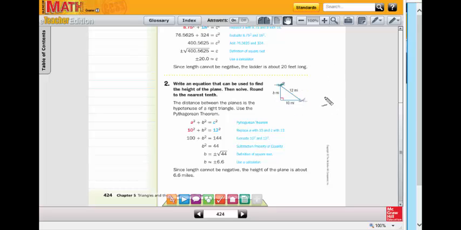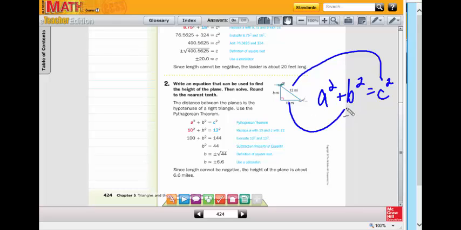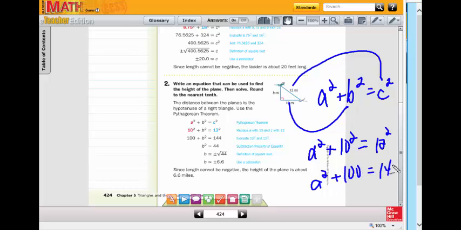So we have an a squared plus b squared equals c squared problem. But the key is to make sure you put the right numbers in the right position. We can put the 10 miles either for a or b, it doesn't really matter. So we have a squared plus 10 squared has to equal 12 squared.